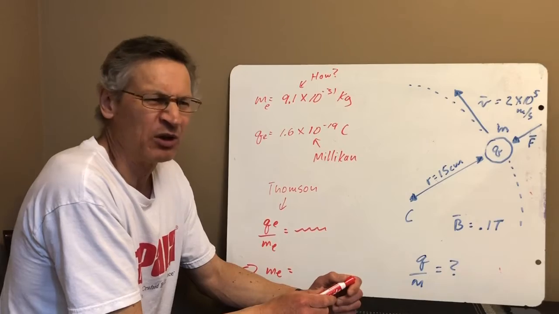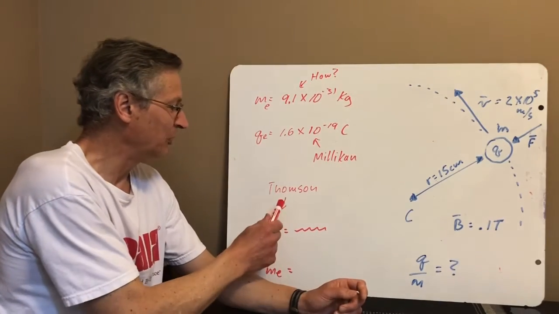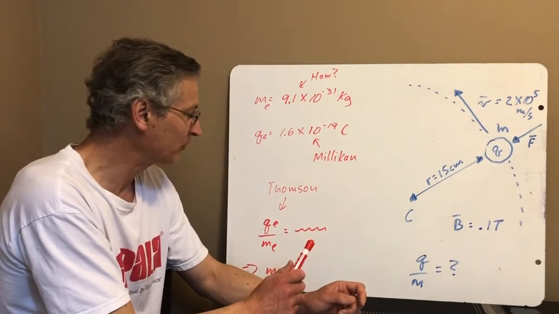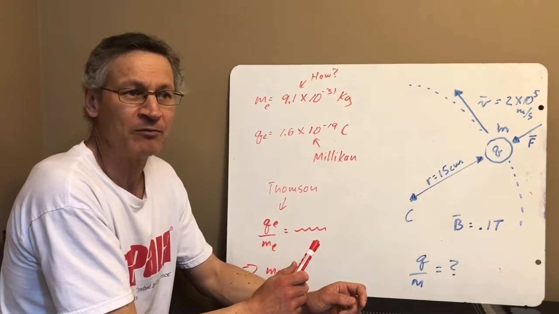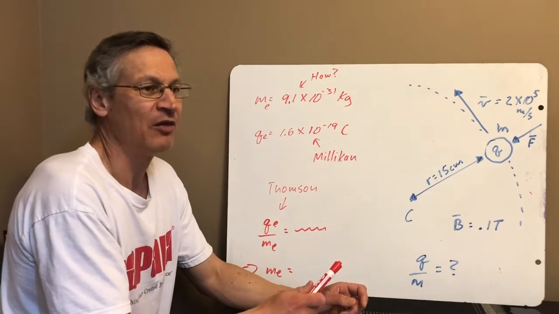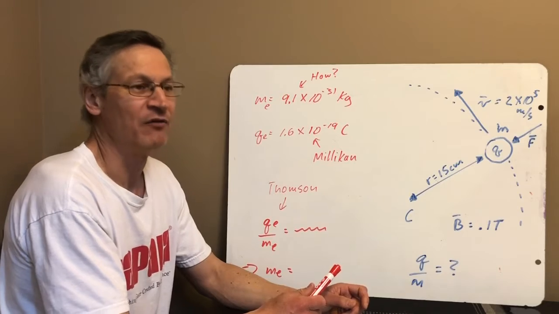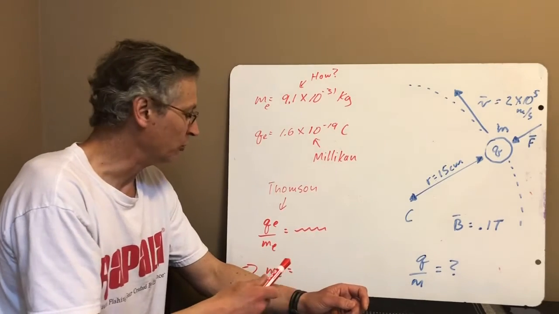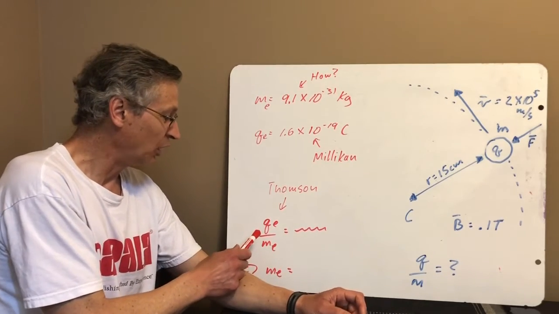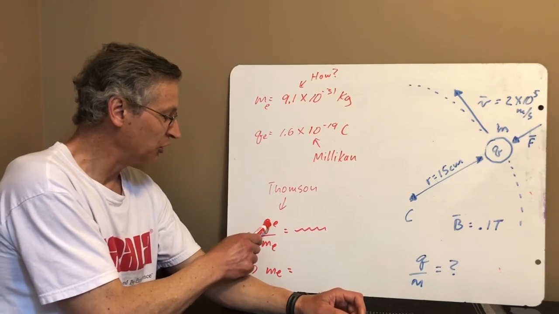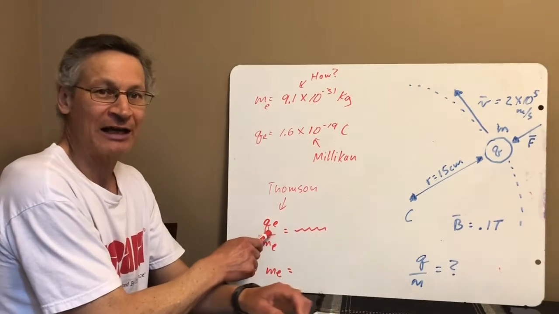About, I think it was 20 years after that, a person named J.J. Thomson came along, and by using a method that involves a calculation very similar to the problem we're about to do, J.J. Thomson actually measured the charge to mass ratio of an electron.